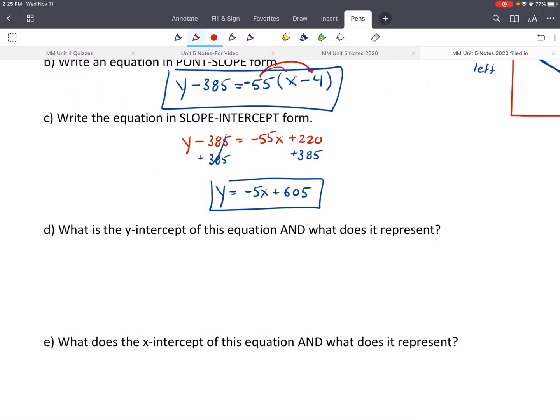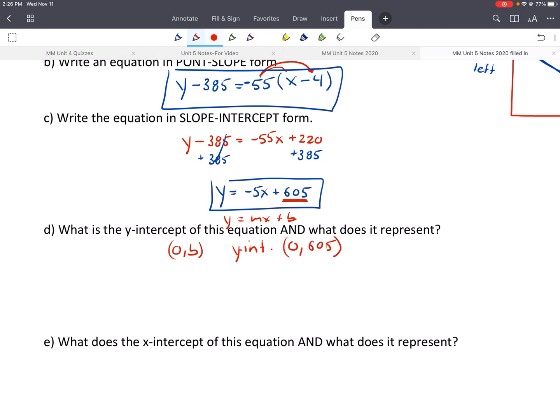Just remember that the y-intercept is always going to be (0, b), where y equals mx plus b. So to find the y-intercept, it's going to be (0, 605).